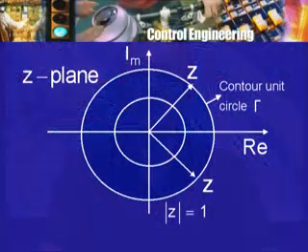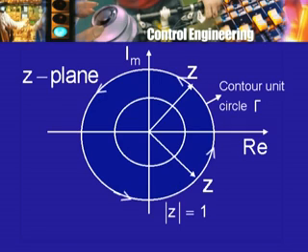Now, one goes a little further. One thinks of tracing the curve or moving along the curve in a particular direction. For example, I will put the arrow here this way, which means now I am going to trace the curve in the counterclockwise direction.